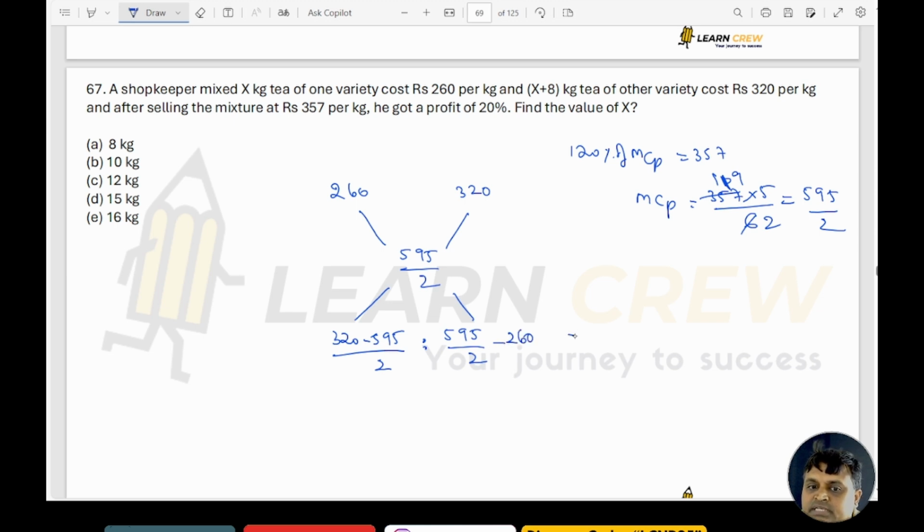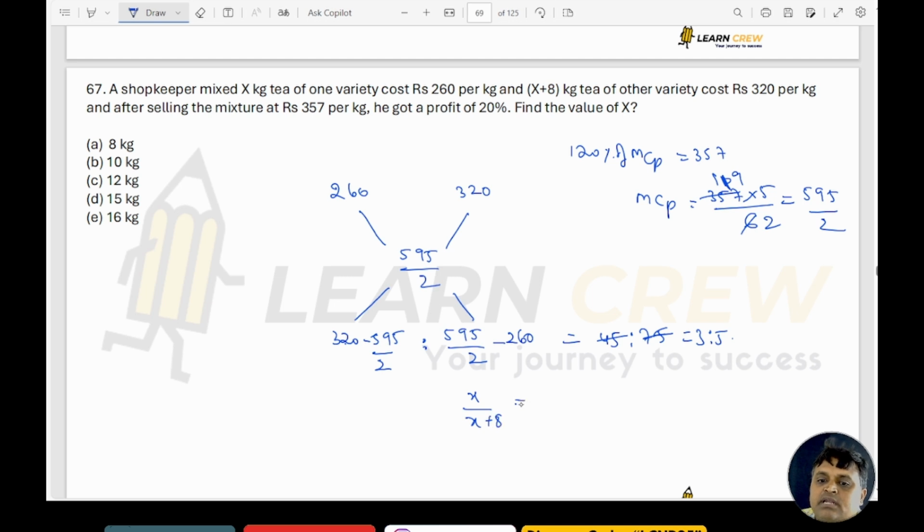So 640 minus 595 is 45, the 2 cancels, and 595 minus 520 is 75. So 15 3s are 45, 15 5s are 75, so 3 is to 5. This 3 is to 5 is x by x plus 8.